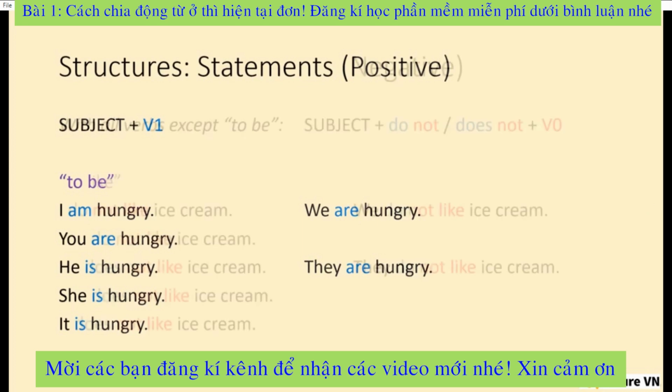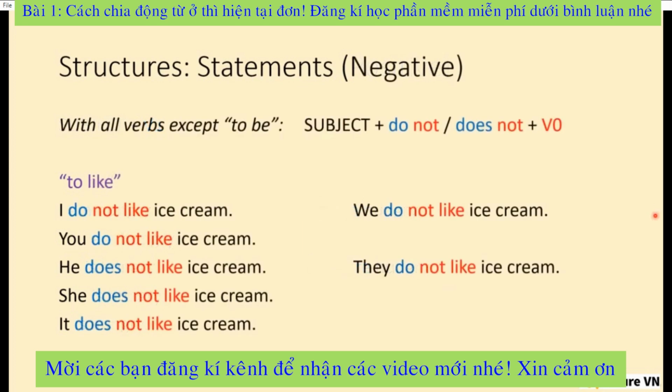Now, let's turn to the negative statements. Again, there's a difference between to be and all the other verbs here. Let's start with the other verbs. So with all verbs except for to be, we're going to say subject plus do not or does not plus verb 0.